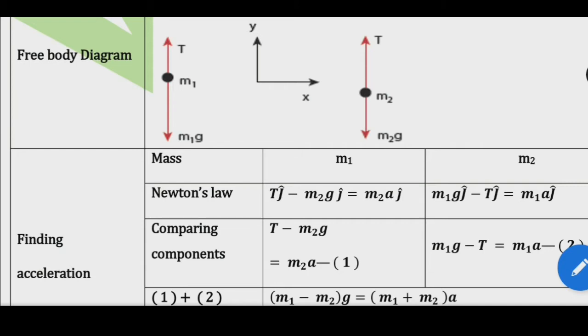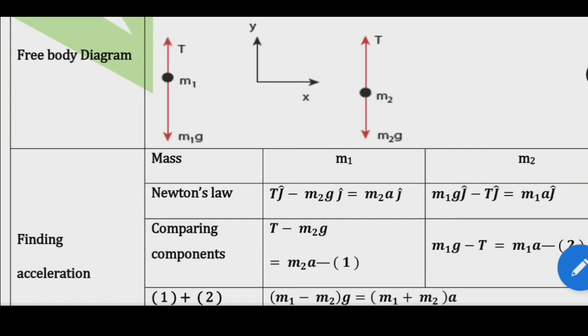Finding the acceleration of masses M1 and M2, applying Newton's second law of motion for mass M2. Now we get the equation T j cap minus M2g j cap is equal to M2a j cap. Next, for mass M1, we find the equation M1g j cap minus T j cap is equal to M1a j cap.